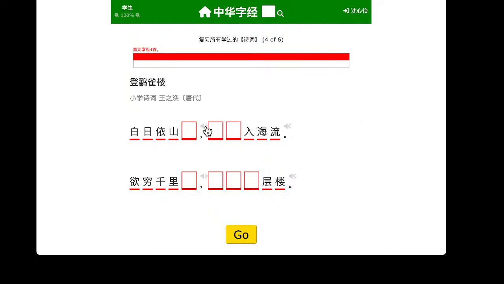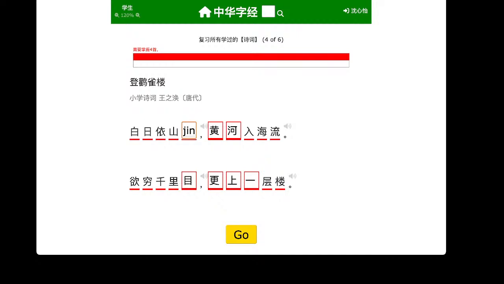你要填：白日依山尽，I don't know this one. 黄河入海流。I know 黄河. 欲穷千里目，更上一层楼。更，这是什么更啊？Go up another level. 镜，这是安静的静。不是，镜头的镜。Which one is that?